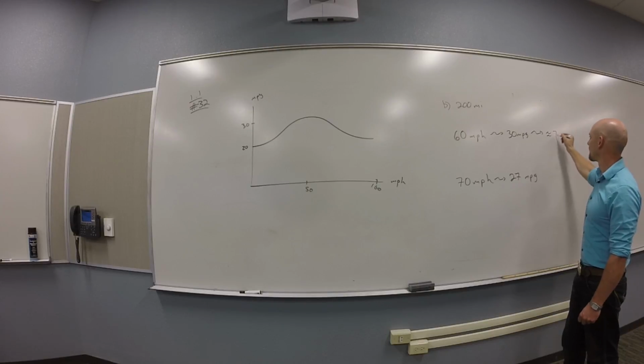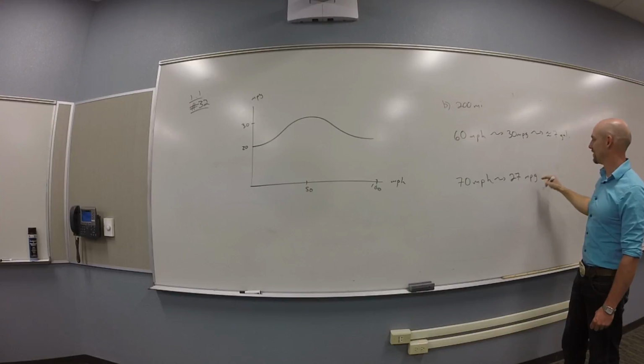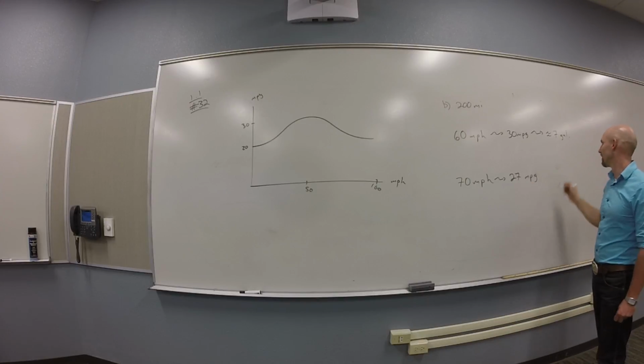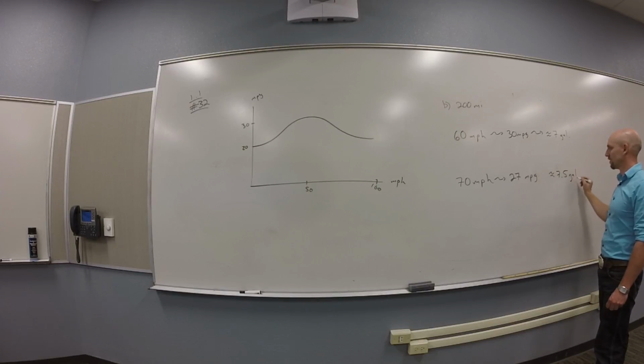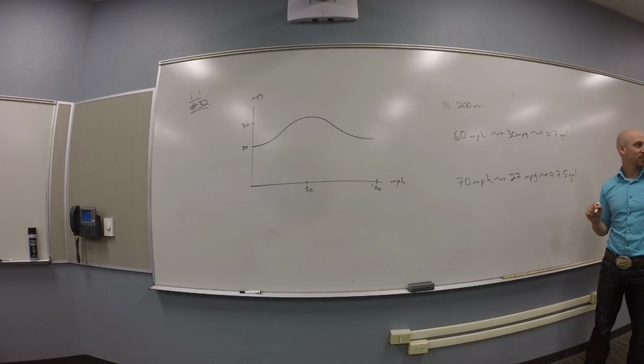Give or take, 7 gallons. And 200 miles at 27 is like 7.5 basically. So what's the fuel savings? 0.5. Yeah, half a gallon.